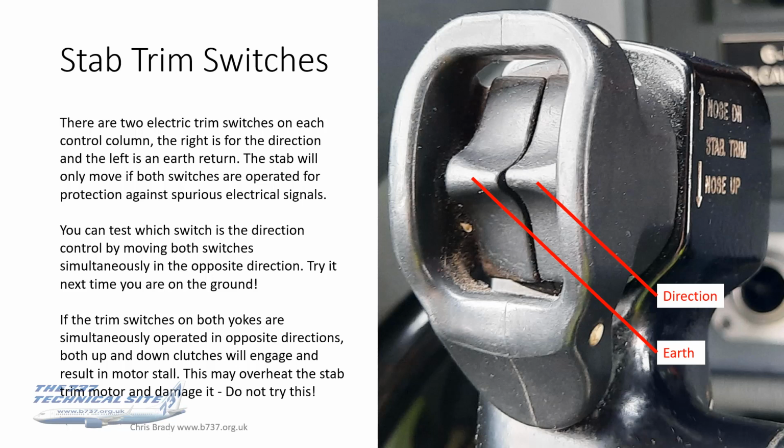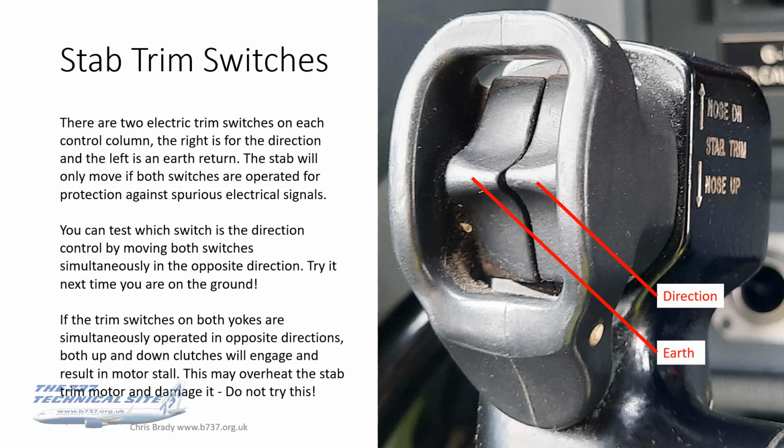But thirdly, don't be tempted to have the captain apply forward trim at the same time as the FO applies aft trim, because if the trim switches on both yokes are simultaneously applied in opposite directions, it'll engage both the up and down clutches back at the stab motor, and that will result in motor stall.